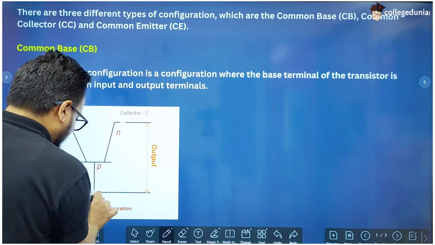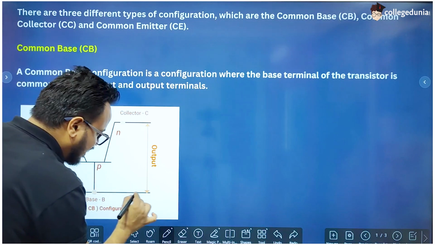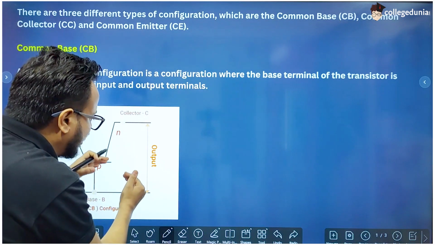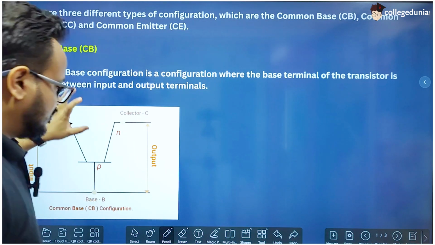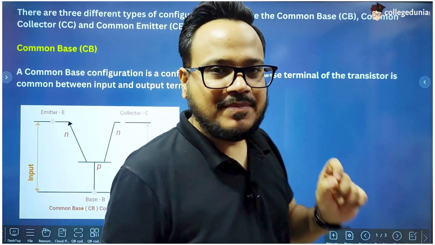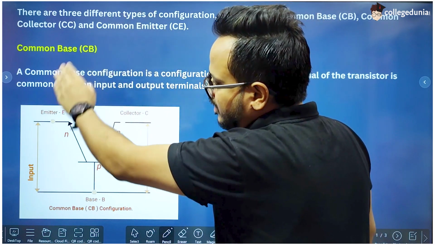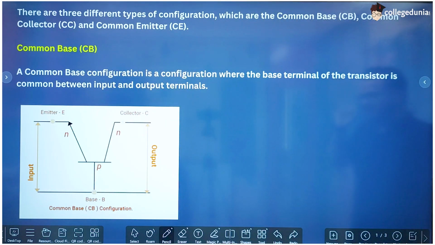So this is the base, and this base is connected to the input region as well as to the output region. So the input region is the emitter base junction and output region is the collector base junction.